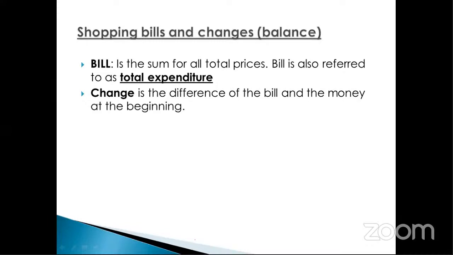But for you to get that change, you get the difference between the total expenditure and the money at the beginning. We are going to look at this as we proceed with our lesson. But change is also referred to as balance. That one you shouldn't forget.